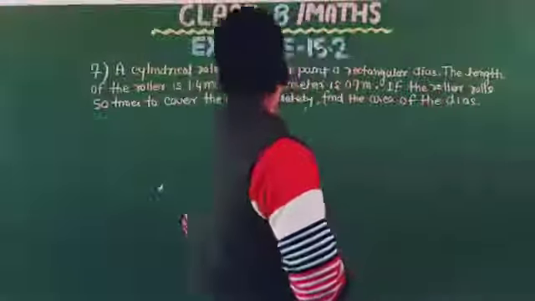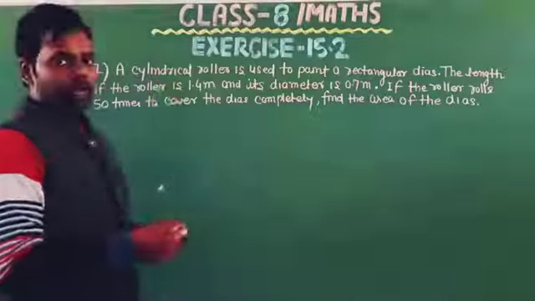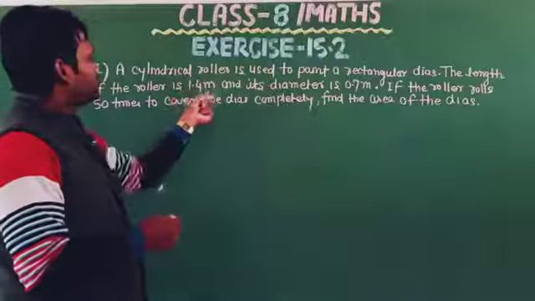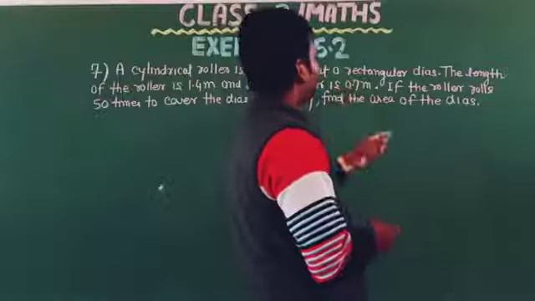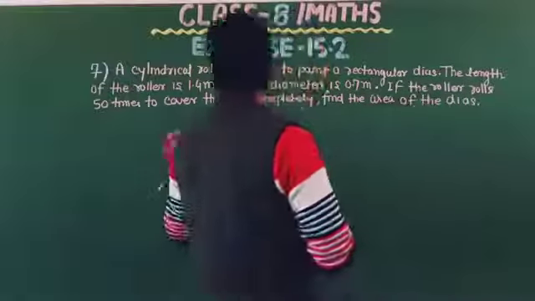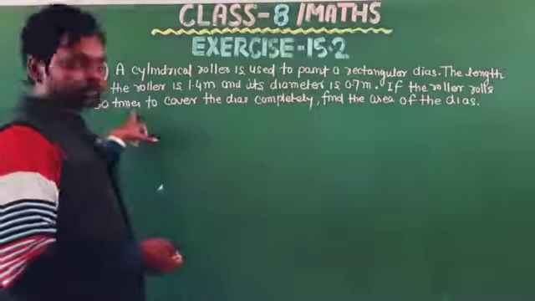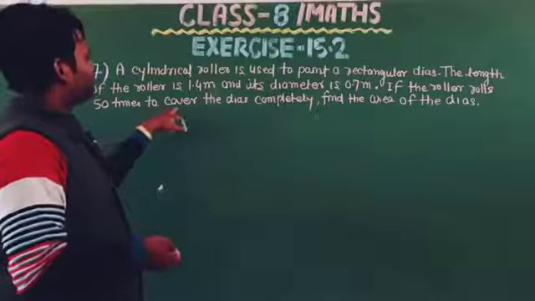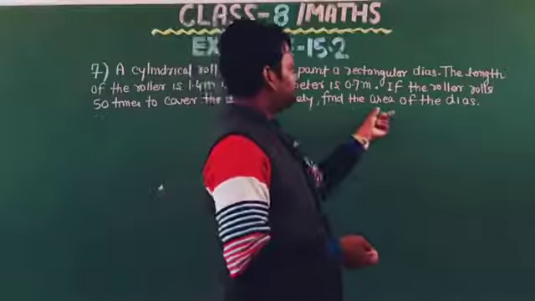The length of the roller is 1.4 meter and its diameter is 0.7 meter. If the roller rolls 50 times to cover the dash completely, find the area of the dash.